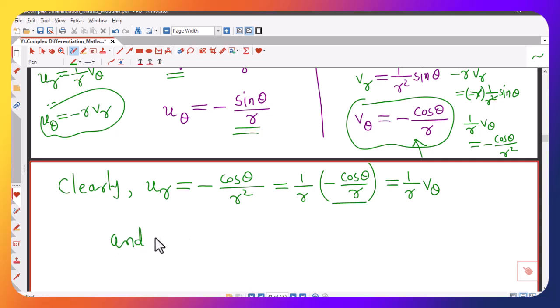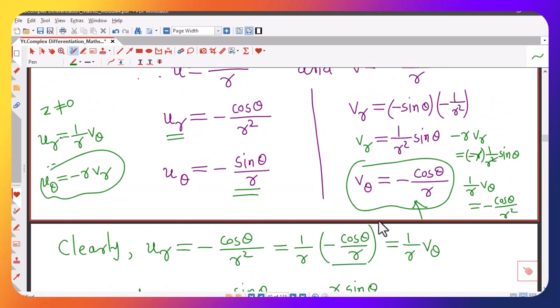Similarly we can write del u by del theta is minus sin theta divided by r, and suppose I multiply this by r, then I have to write in this way, multiply and divide by r. So here I will have minus r square. And what is del v by del r?